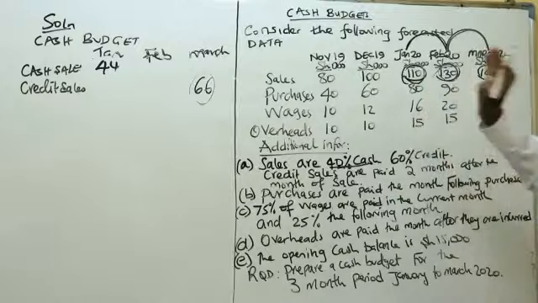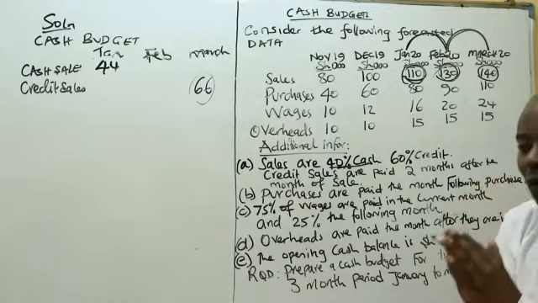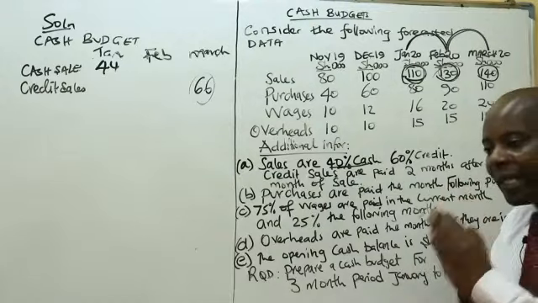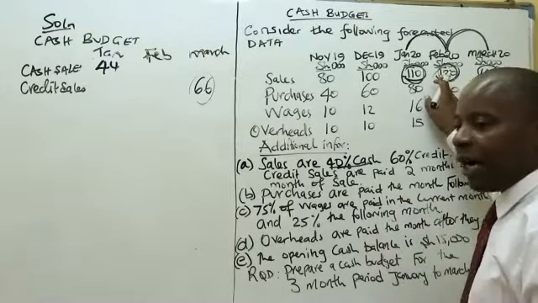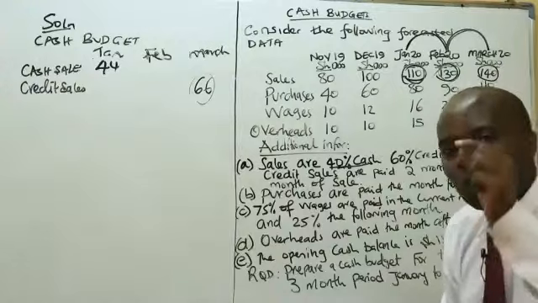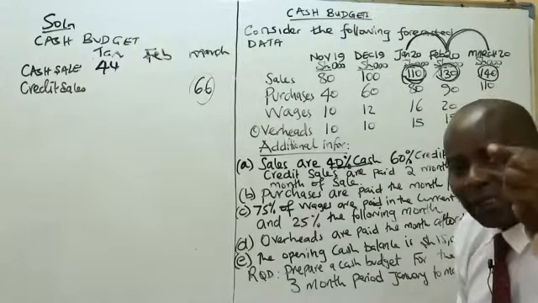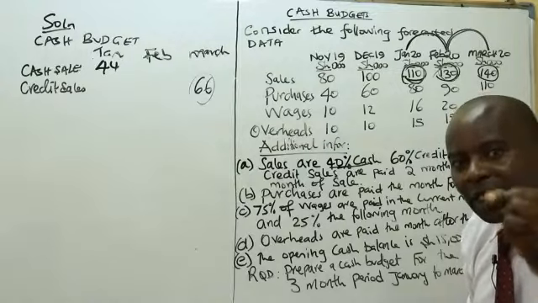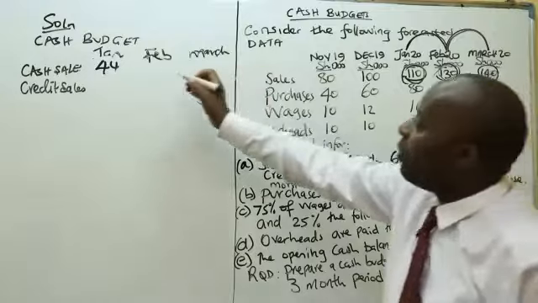Okay, now we are in the month of February. I want to account for the month of February. Sales in February was 130. Out of these 130, we are told that 40% is a cash sale. So 40% of 130 is 52. 52 is what I'll book here.